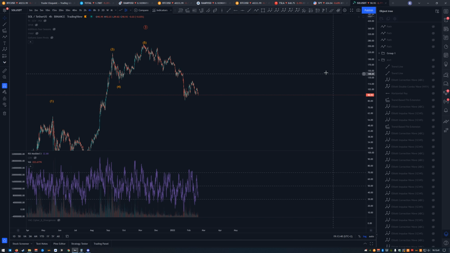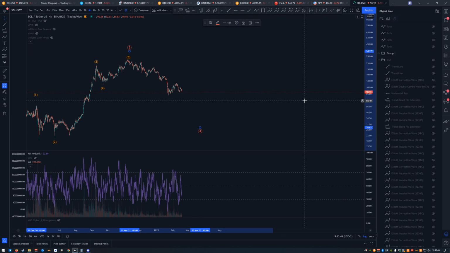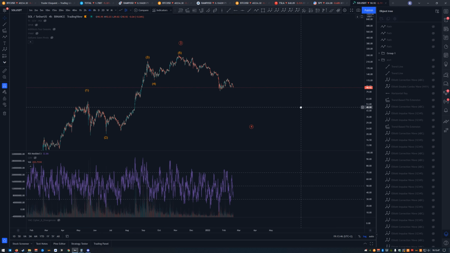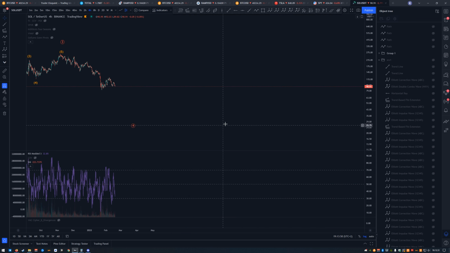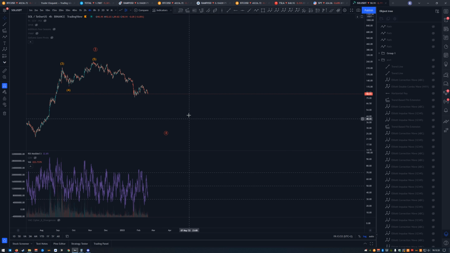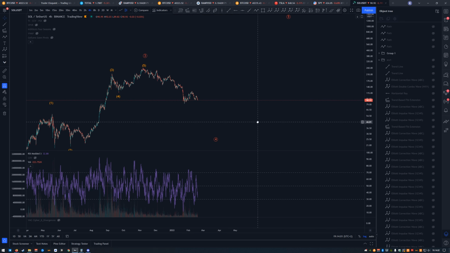Either we're creating the primary one or the fifth of this primary degree count into the one, and then we would drop down again. But yeah, that is going to take a lot of time to develop, and we will have definitely time to scale into this position as well.